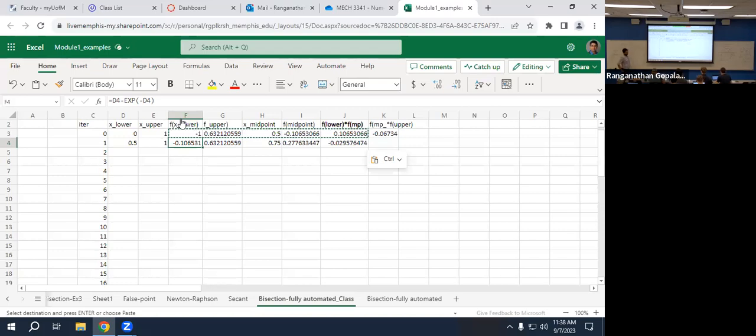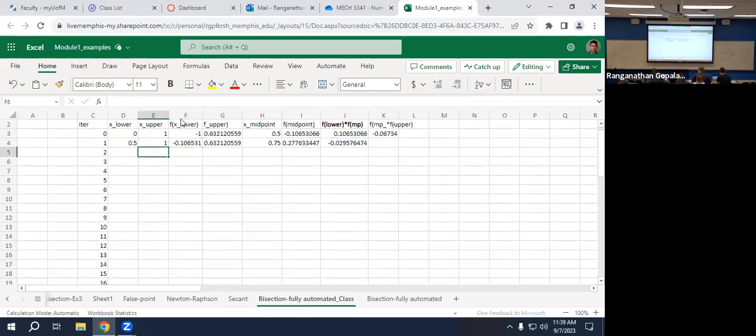Between 0.5 and 0.75, right? Because negative, positive, positive, positive. So the root is between 0.5 and 0.75. If the next iteration gives you something that contradicts that, it means you have made a mistake. You should know when you are going on the wrong track. That's also important.